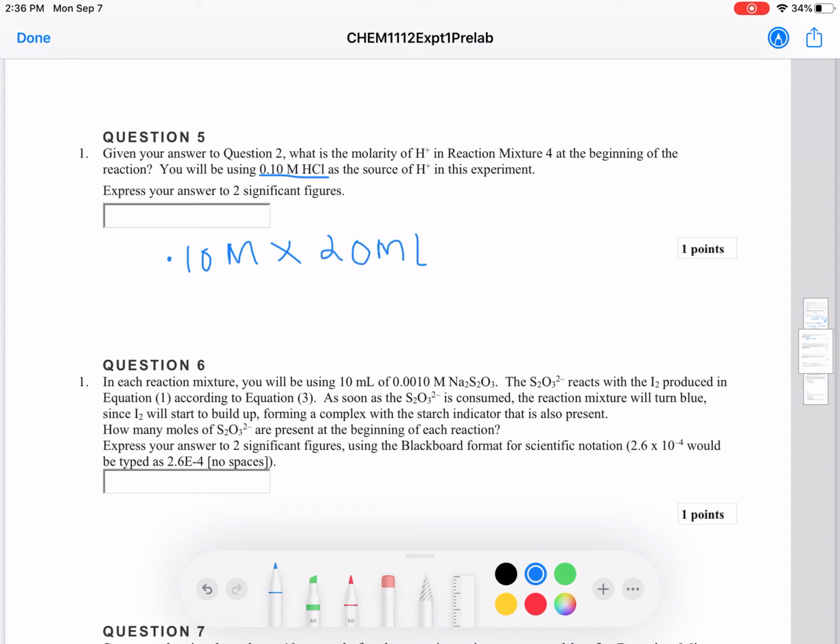Please make sure to check that the numbers I'm putting are correct; that's your responsibility. M2 we don't know, and again the total volume is 50. With this calculation you can find out M2. I'm just showing you how to do the calculation, so I'm going to leave it for you to find out M2.